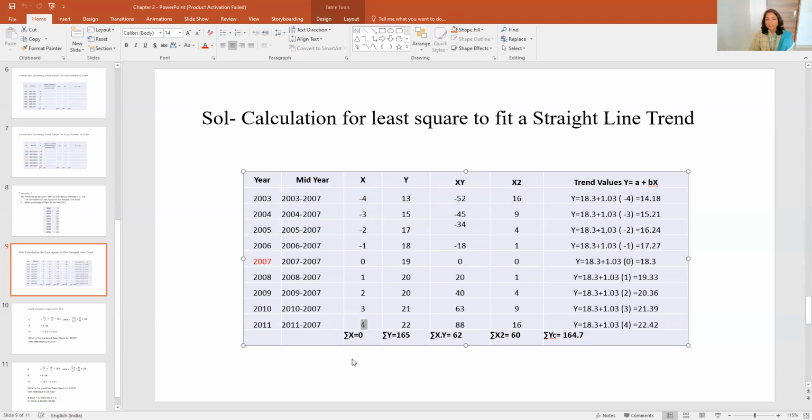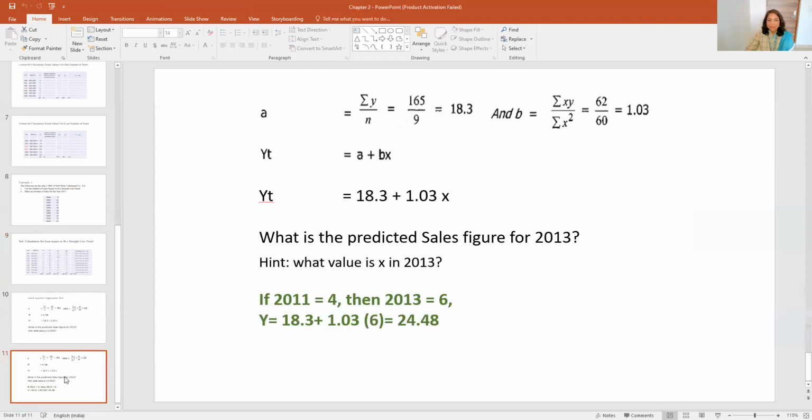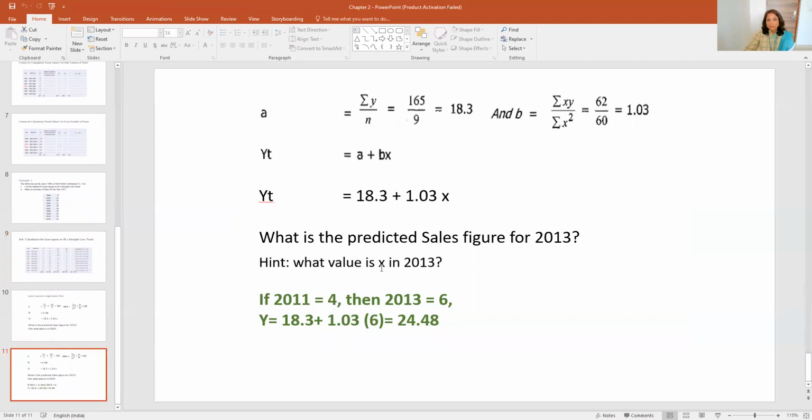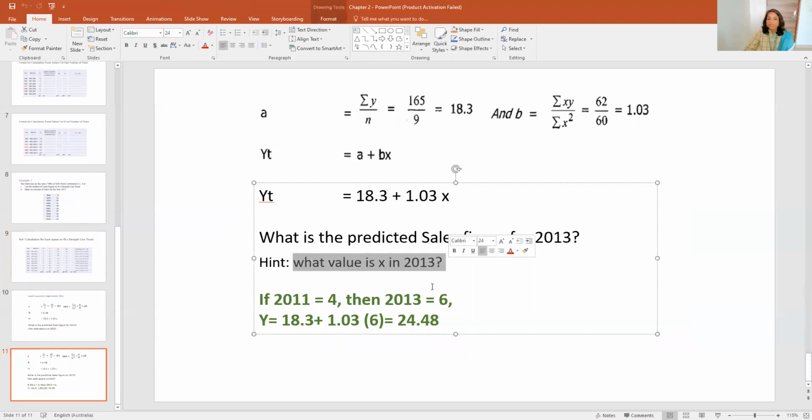In this question they have asked for 2013, so the X value will be 6. If 2011 is 4, then 2013 will be 6. We can calculate with the same equation, Y equals 18.3 plus 1.03x. So 1.03 into 6 added to 18.3 gives 24.4.